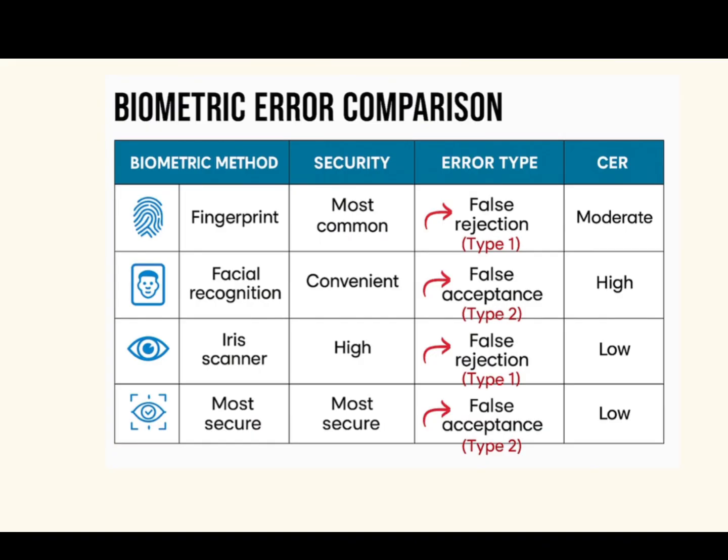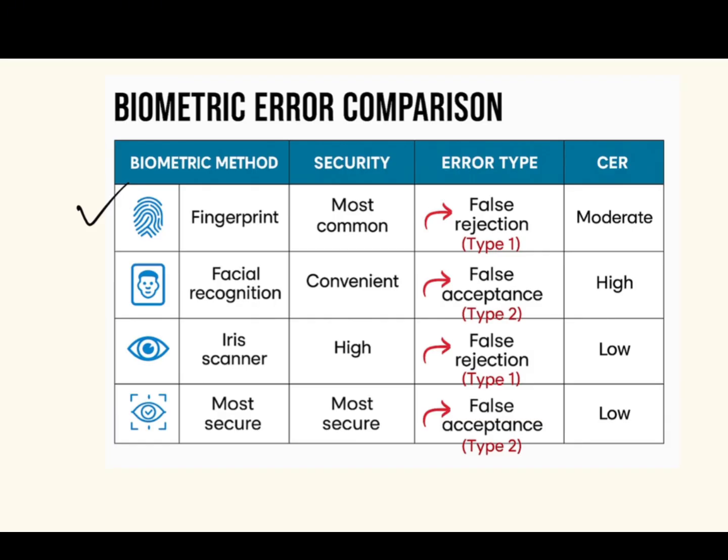So let's discuss fingerprint. Fingerprint, the first biometric method. This is the most common method, and the error type is false rejection, type 1.